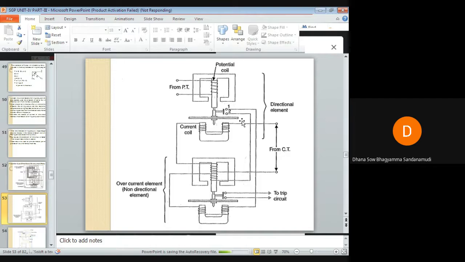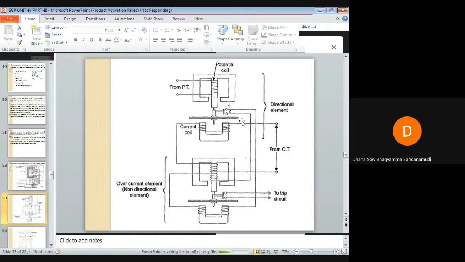So under normal operating condition, power flows in the normal direction in the circuit protected by the relay, therefore the directional unit does not operate. So whenever any fault occurs, there is a tendency for the current or power to flow in the reverse direction.